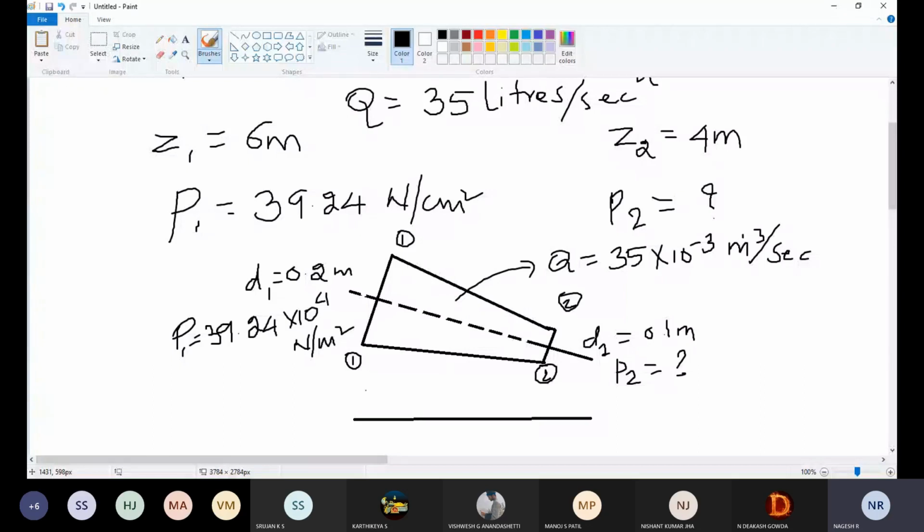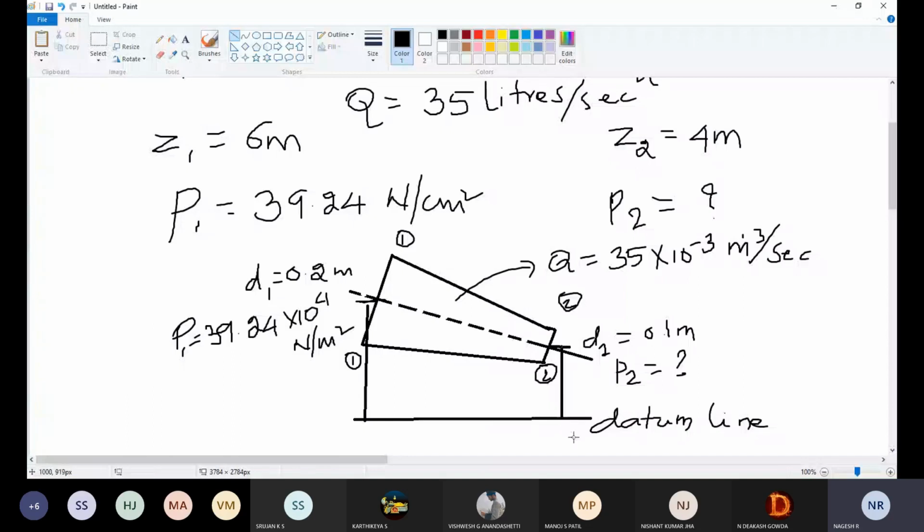So discharge he has given. Then he has given the datum line. See here, what is the datum line? This is the datum line. With respect to this, section 1 is 6 meter above the datum line, and section number 2 is 4 meter above the datum line.